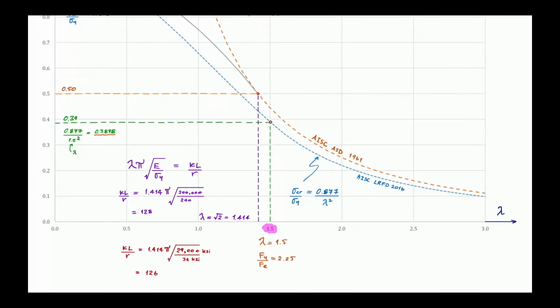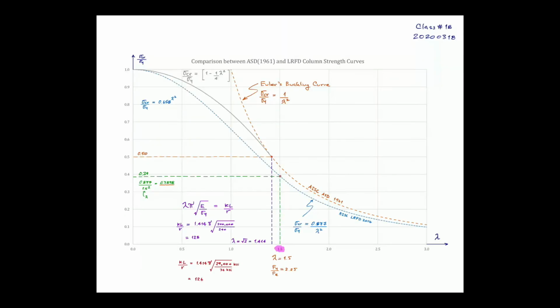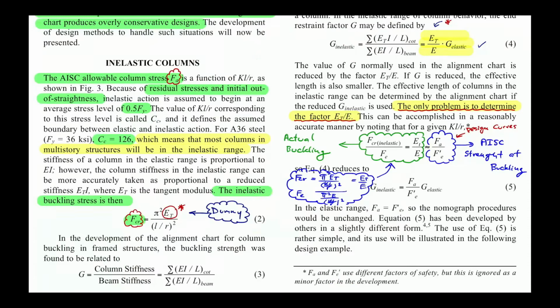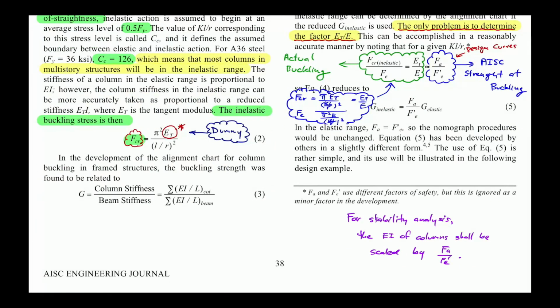So if we substitute the lambda being 1.5, I take the 128 multiplied by 1.5 divided by 1.414, we're going to get 135. Okay, so let's put that down. Cc equals 135.8 for AISC LRFD column curves.